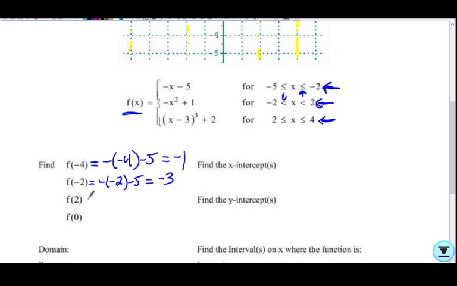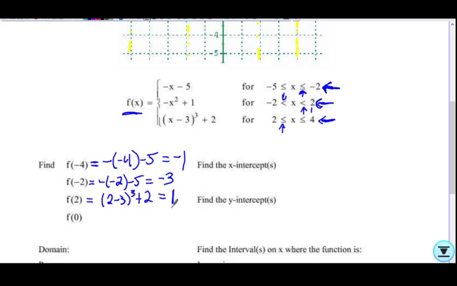Now we do +2. So which piece, linear, quadratic, or cubic, are we plugging +2 into? Again, we look for the symbol because 2 is where my domain breaks. So which one is equal to 2? That would be my cubic. So we have to plug it into the cubic. So 2 minus 3 cubed plus 2, which gives me -1 cubed, which is -1. -1 plus 2 is 1.